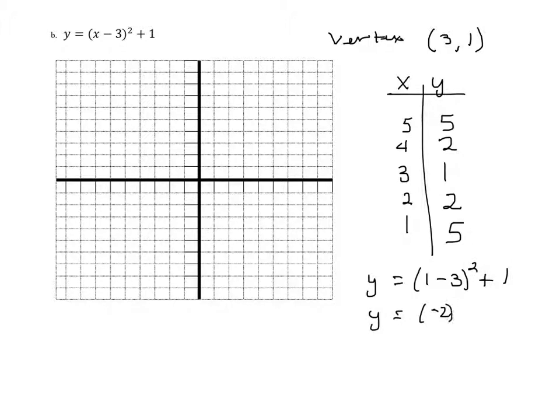Negative 2 squared. So 5, yay! So the symmetry is really holding up nicely, isn't it? So now let's graph this. So we go 3, 1, 4, 2, 5, 5.